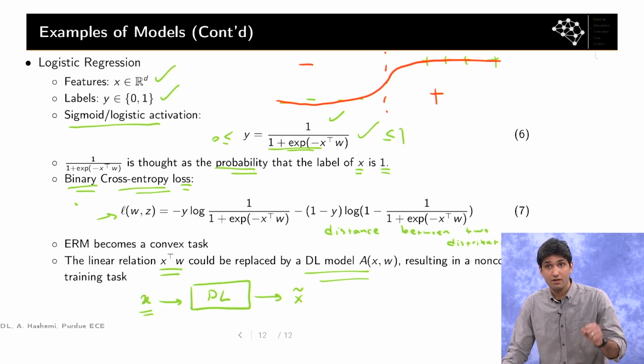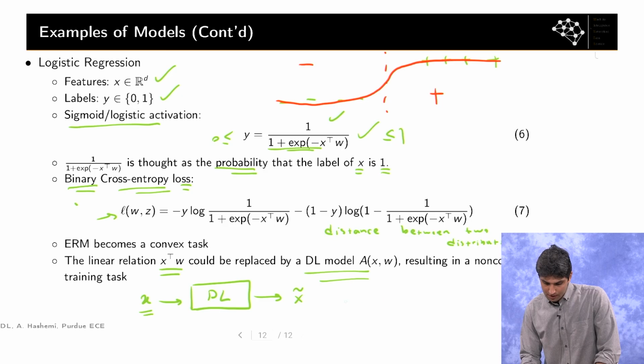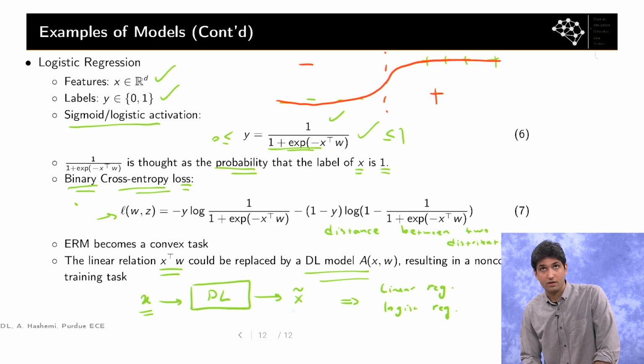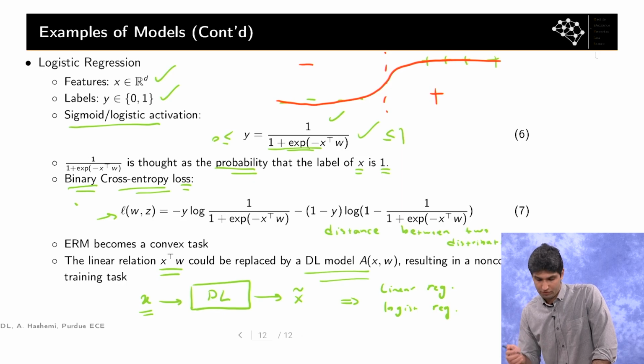I can extract very useful features from that image, such that if I feed them to one of these examples we talked about, let's say linear regression or logistic regression, depending on whether you're talking about a regression problem or a classification problem, then after extracting these useful features from the data, thanks to the deep learning model, you should be able to perform very well.